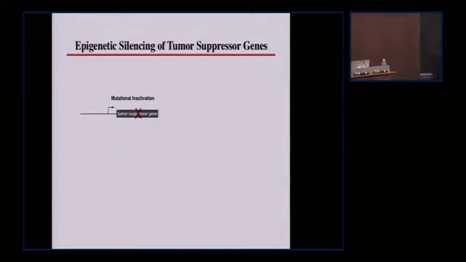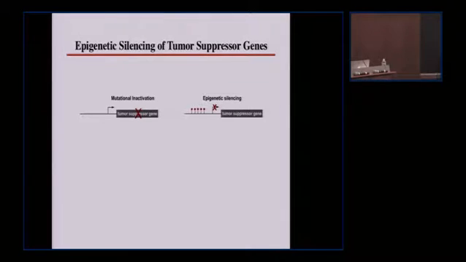When tumor suppressors were first identified, they were found to be inactivated by mutations in the protein coding region or deletions. But over the past several decades, it's been appreciated that a very common way that tumor suppressor genes become inactivated is they become transcriptionally repressed by a mechanism called epigenetic silencing.